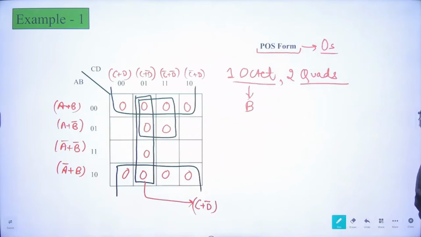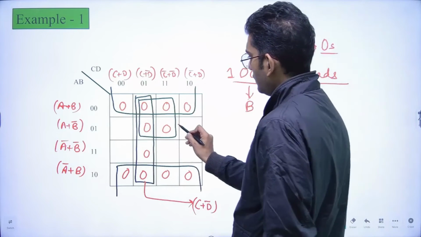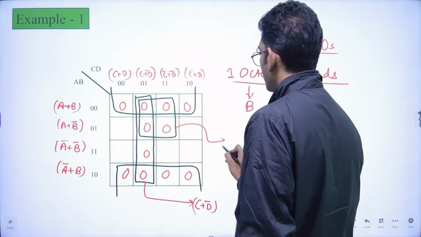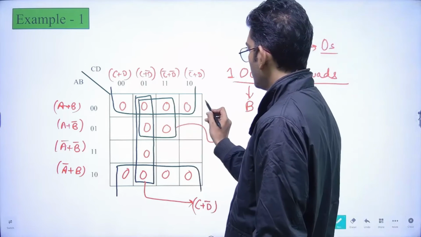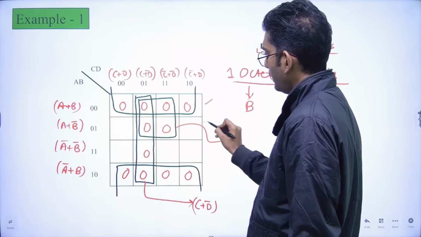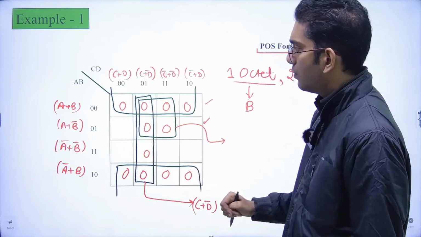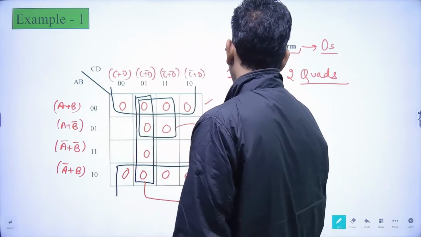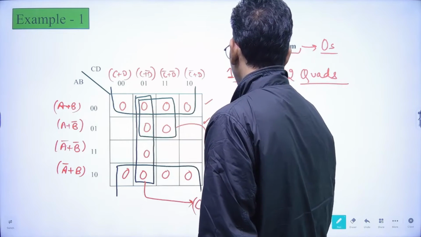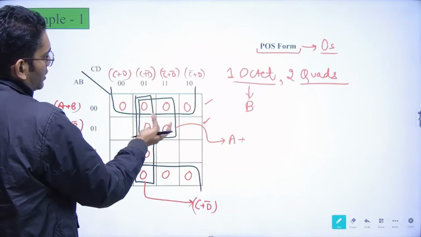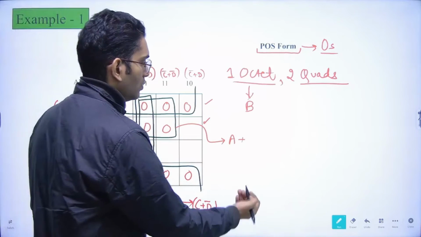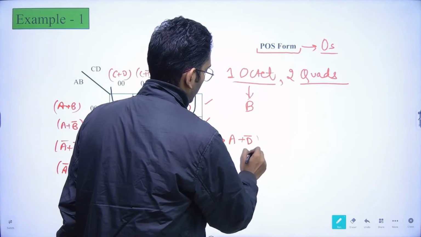Now next, coming to this quad. What will we get from this quad? This quad consists of basically this row and this row. In these two rows, what is common? A is common, so we'll write A. Plus, now it consists of these two columns. In these two columns, what is common? D bar is common, so we would write D bar. Fine.